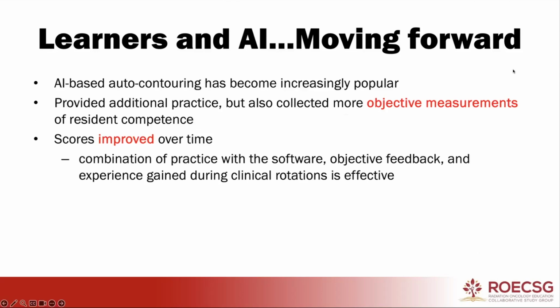Provided additional practice, this has also allowed us to collect more objective measurements of resident competence. Scores have improved over time. The combination of practice within the software with objective feedback has allowed the residents to gain experience throughout the clinical rotations, and it's shown to be effective.